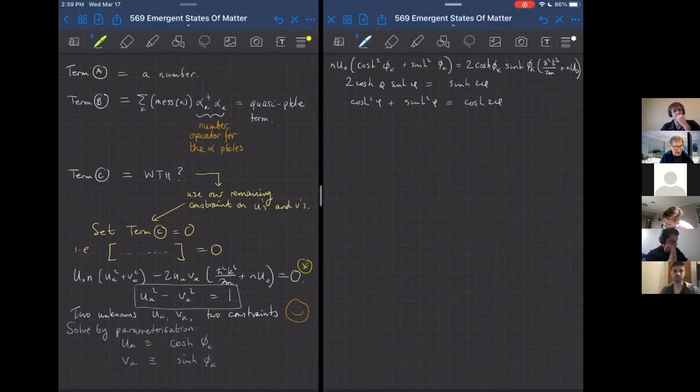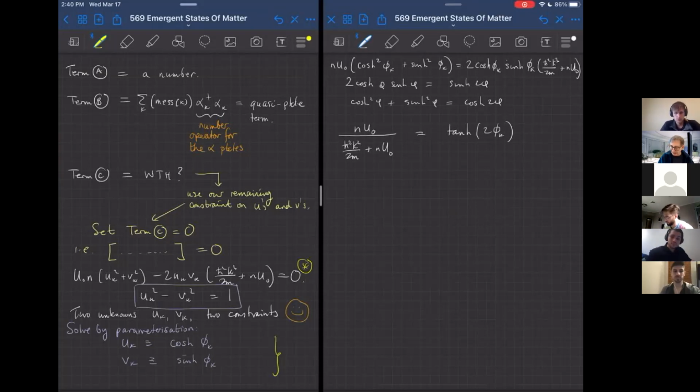So what that means is I can reorder this equation, and what I get then is that n u naught over h bar squared k squared over 2m plus n u naught is equal to the hyperbolic tangent of 2 phi k. And so that means that if I know phi, which I do from this equation for any value of k, then I can use the definitions over here to compute u and v.